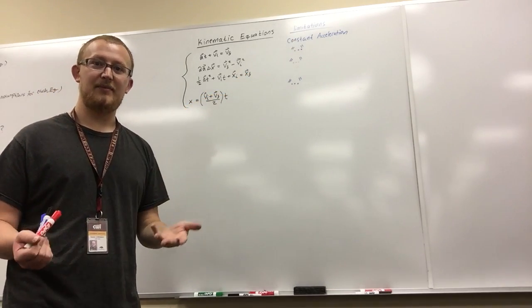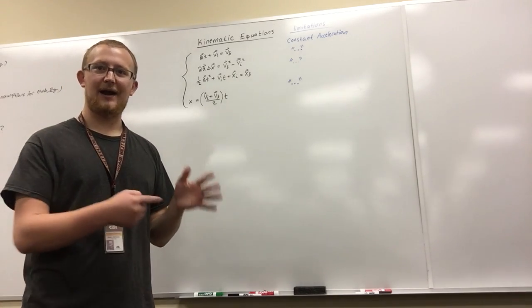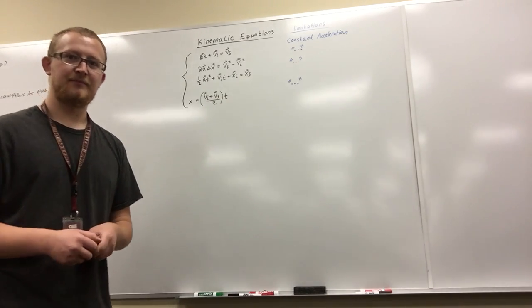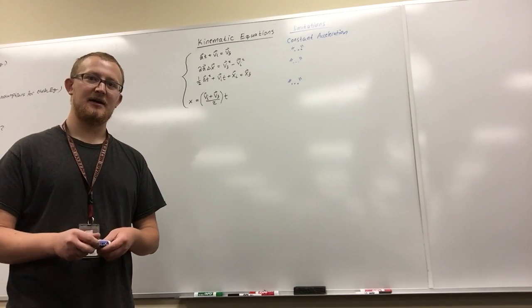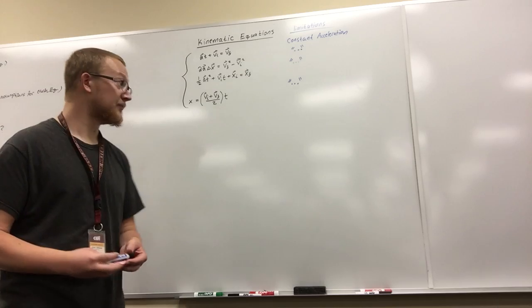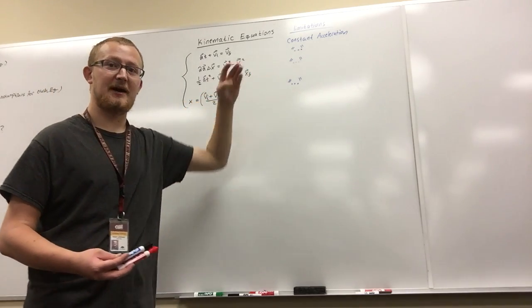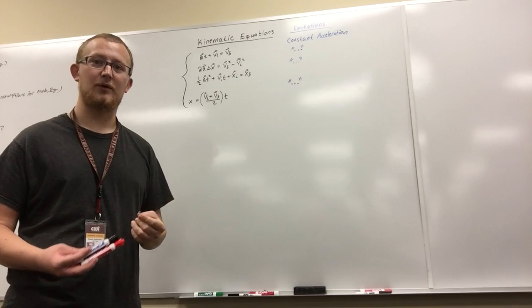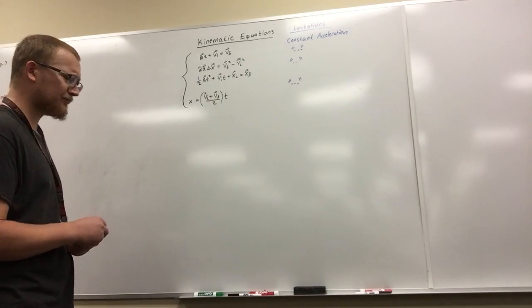Now, we may build a device that has jerk or joust or higher orders of motion, but in the natural world, it's very rare to see that kind of motion. So these 4 equations work for constant acceleration, which is the highest order of motion that we will work with in this course, and so that's why they were specifically chosen.